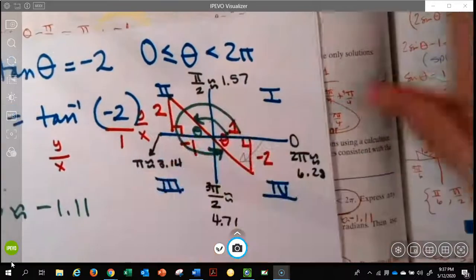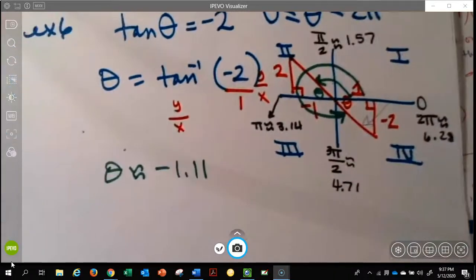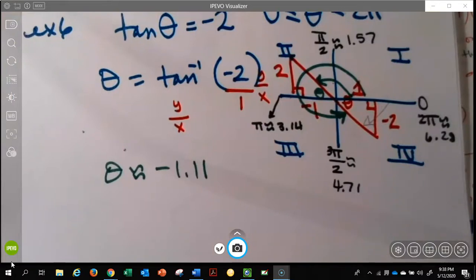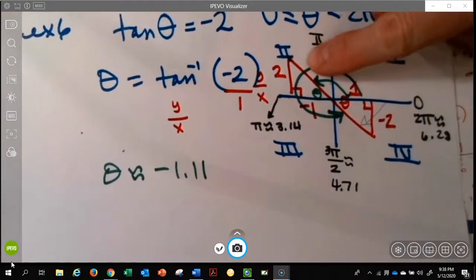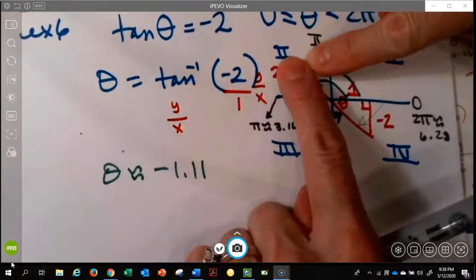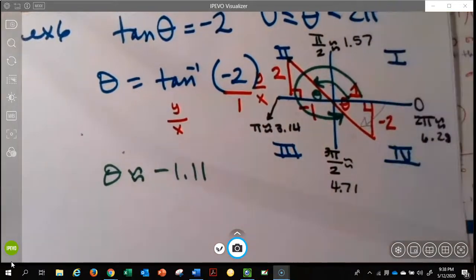That's not what they've asked me to find. They said between 0 and 2 pi. So it's a great number, and I'm going to use that number, but that is not going to be my final answer. My final answer is going to be revolving off of, when I go to here, I need to do pi and back off. And when I go all the way around to here, I need to do 2 pi and back off.